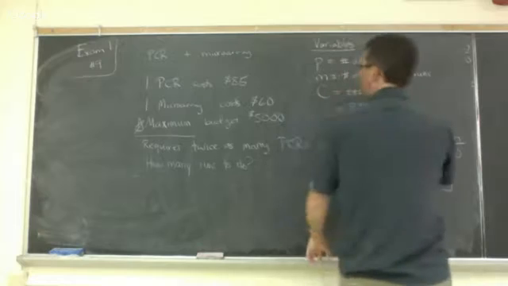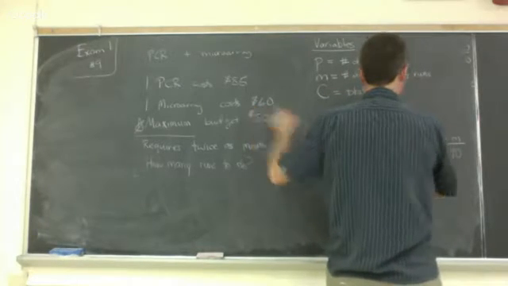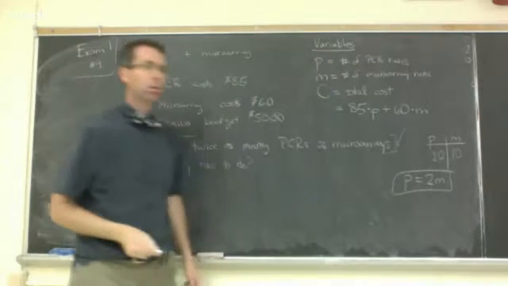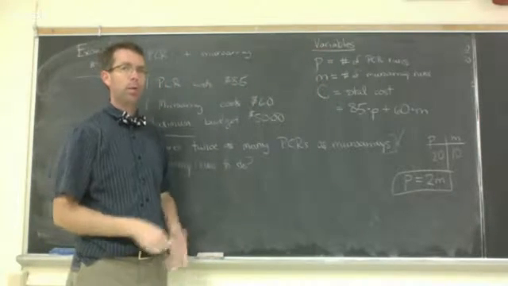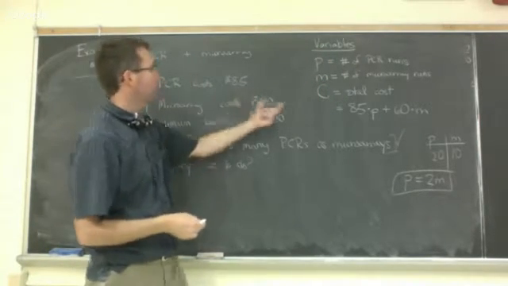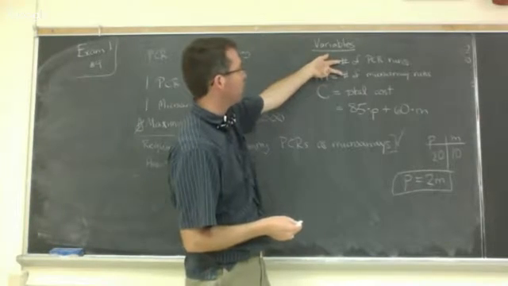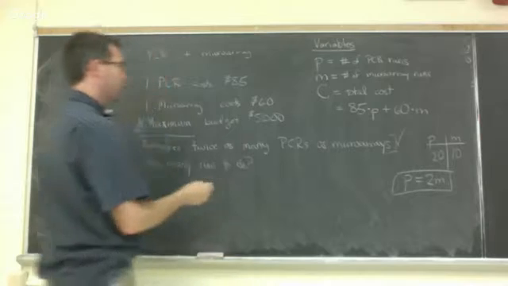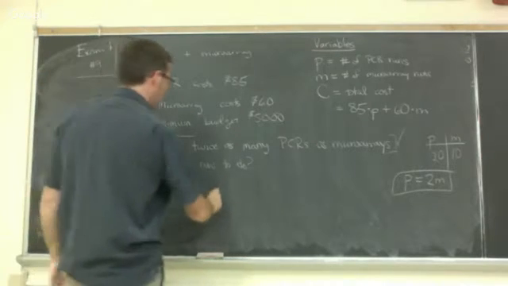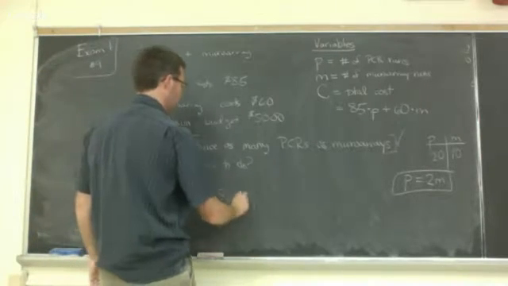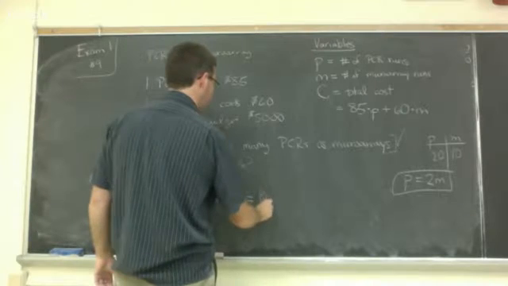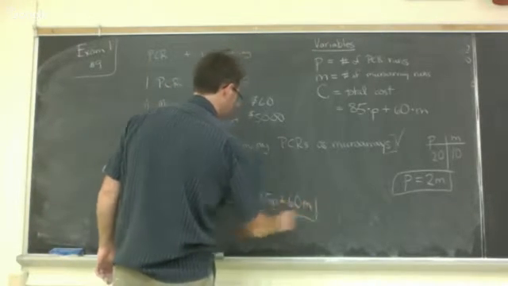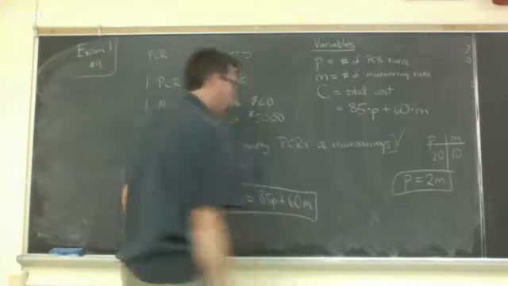And I would have to add $60 times the number of microarrays. These are not the number of runs. These are something separate. They're used in another equation. So my second equation is $5,000 is the total cost. That would be my second equation.